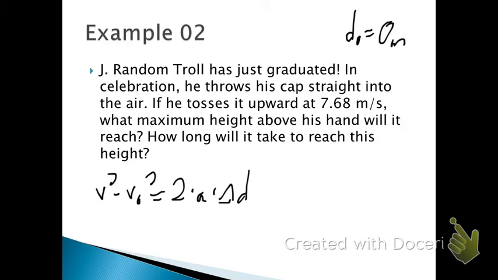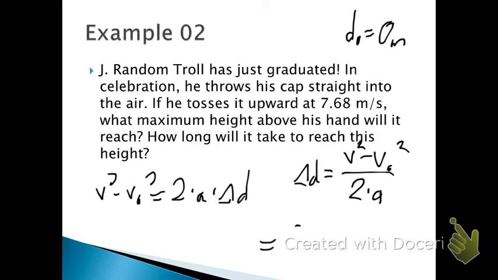So, I'm going to solve for my change in distance, which will be v squared minus v naught squared all over 2 times the acceleration. And now I'll plug in my values.